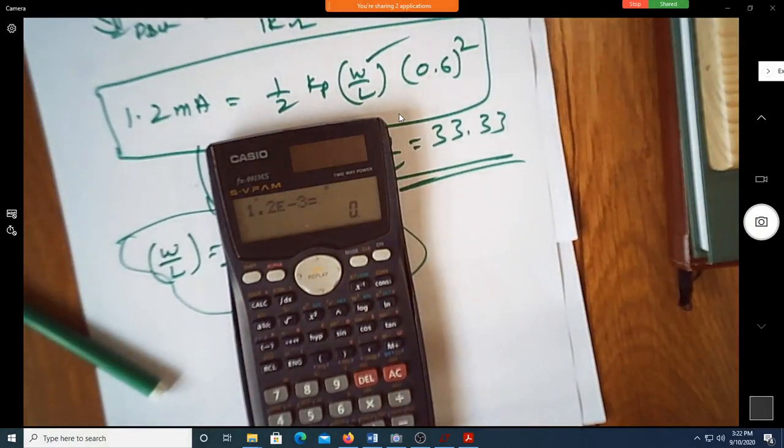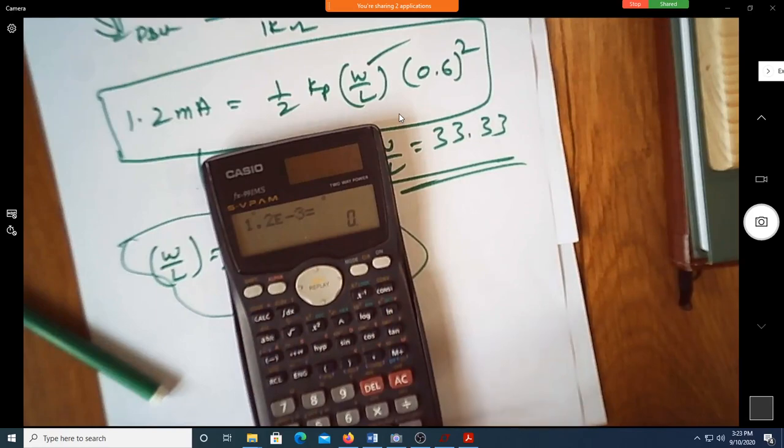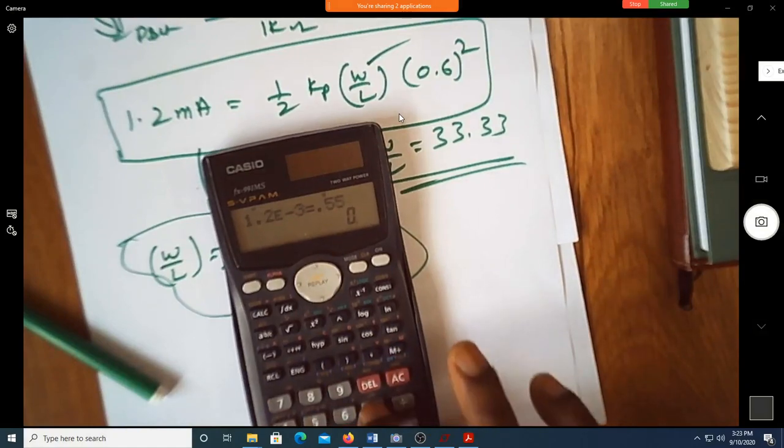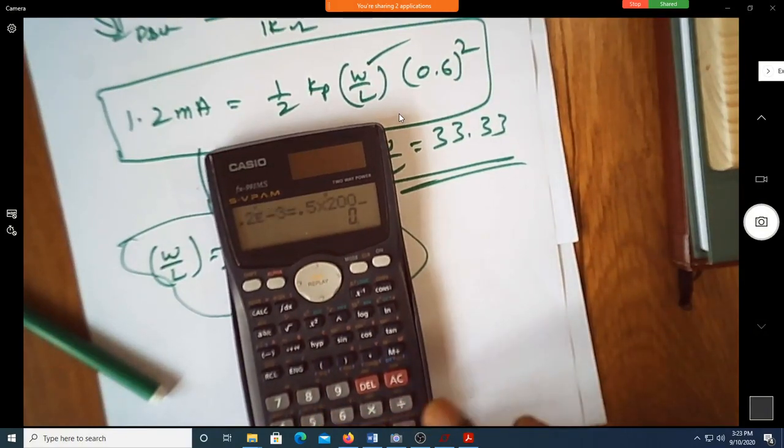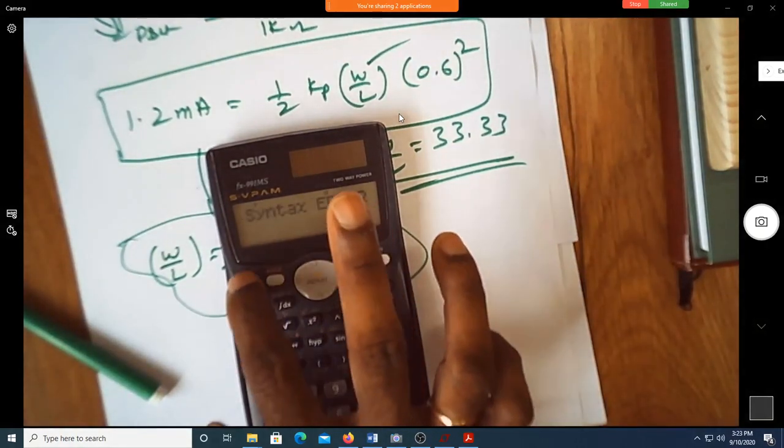Can you see there is an equals here? So since there is an equals here, I'm just putting it as alpha equals, and then 0.5 into 200 exponential minus 6 into 0.6 whole square.